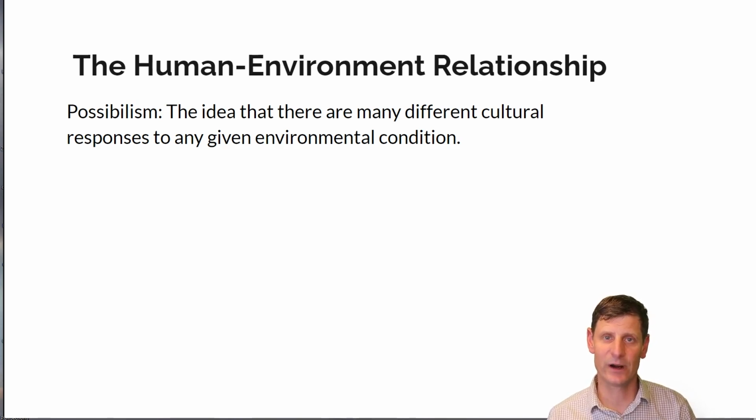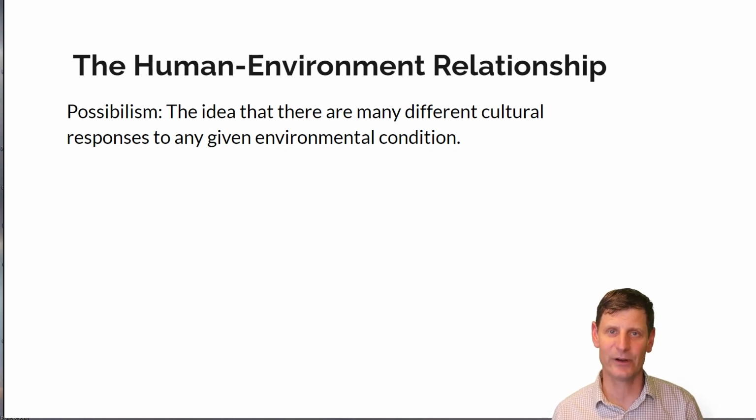We are incredibly resourceful to the point where we will change our environment to suit our needs if we need to, or we'll adapt to it. But the ways in which we adapt to our environment are not predetermined by that environment. That's the beauty about culture, about this possibilist approach, is that we have many different possibilities in any given environment.